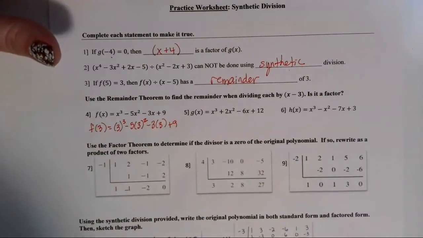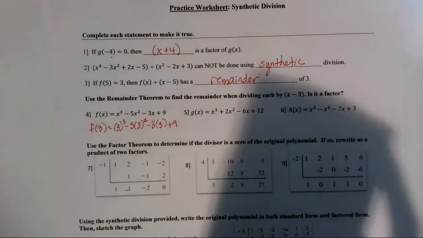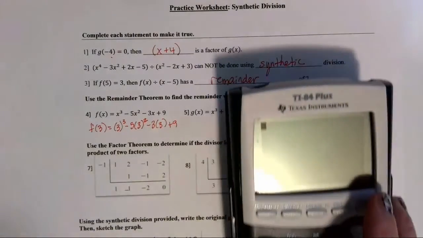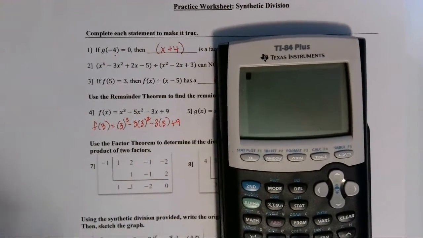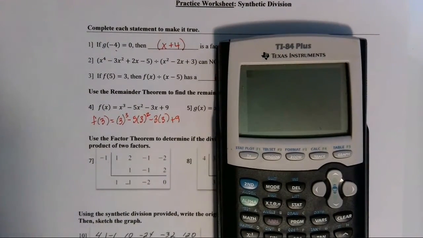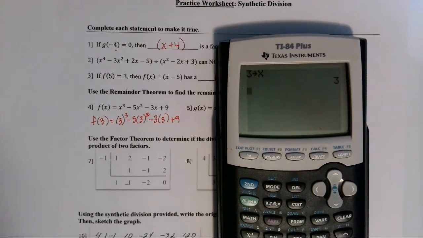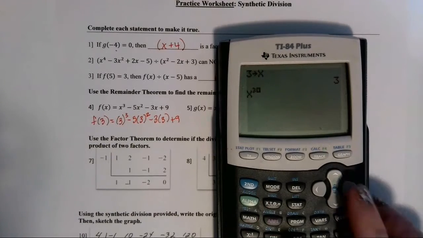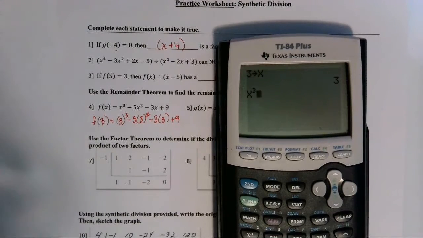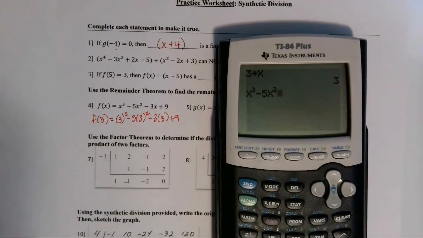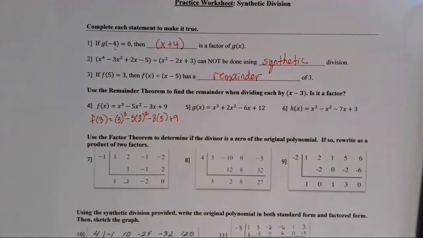So when I go to evaluate that in the calculator, remember from the notes, we can store that value of 3 as x, and then type in our polynomial. So x cubed, and then that's minus 5x squared minus 3x plus 9, and that is equal to -18.